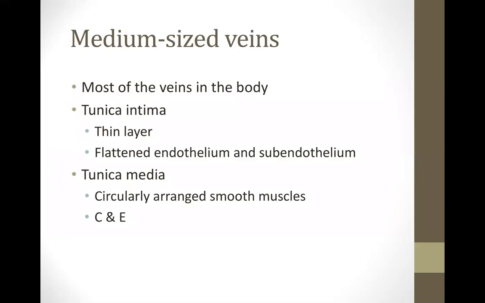Most of the veins in the human body are composed of medium-sized veins. Your tunica intima is the same, thin layer between endothelium and subendothelium. Your tunica media is composed of circularly arranged smooth muscles with collagen and elastic fibers. Okay?